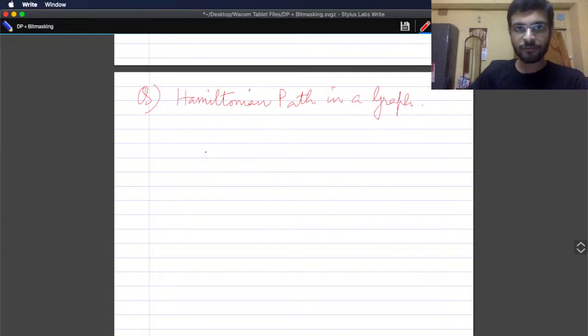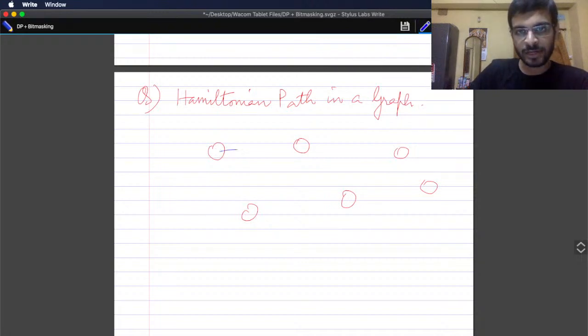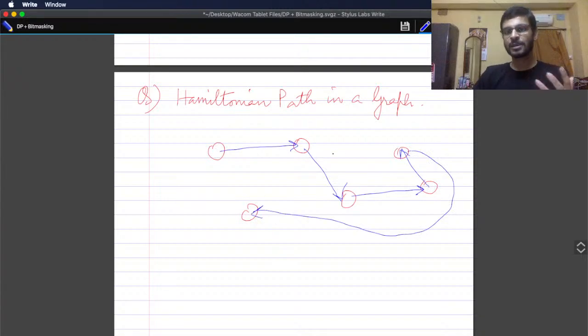In any graph, which is a combination of nodes and vertices, a Hamiltonian path is a path which starts at one vertex and covers all the other vertices without repeating any vertex. It will start at one vertex, cover all the vertices, and not repeat any vertex. Okay, this is a Hamiltonian path.